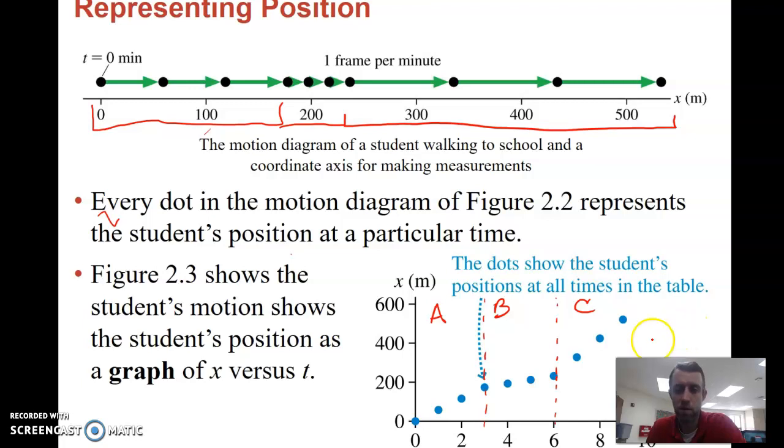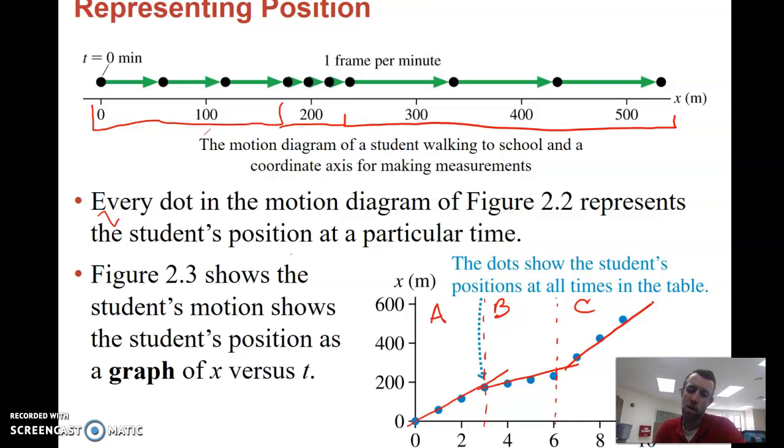B was the slowest, C was the fastest, and A was somewhere in the middle. So if we take the slope of just section A, it looks something like that. And if we take the slope of just section B, it looks something like that. And then the slope of section C looks something like that.